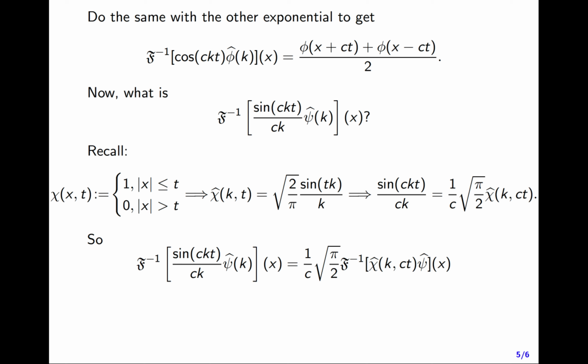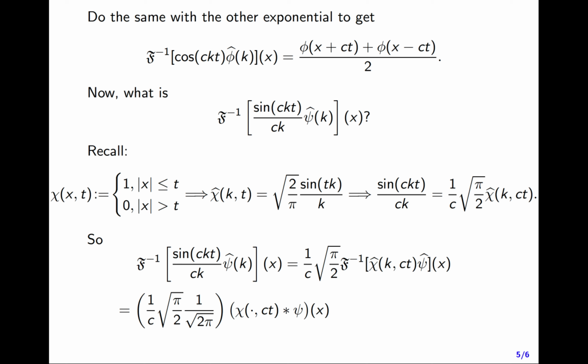Here's the fun part. We're not going to worry too much about those hypotheses. We're just interested in a formal solution, a candidate for trying to solve the wave equation. So we're going to proceed as though we could use all our convolution techniques without worrying about the hypotheses. What does this become? Well, I keep my factor 1 over c times root pi over 2.